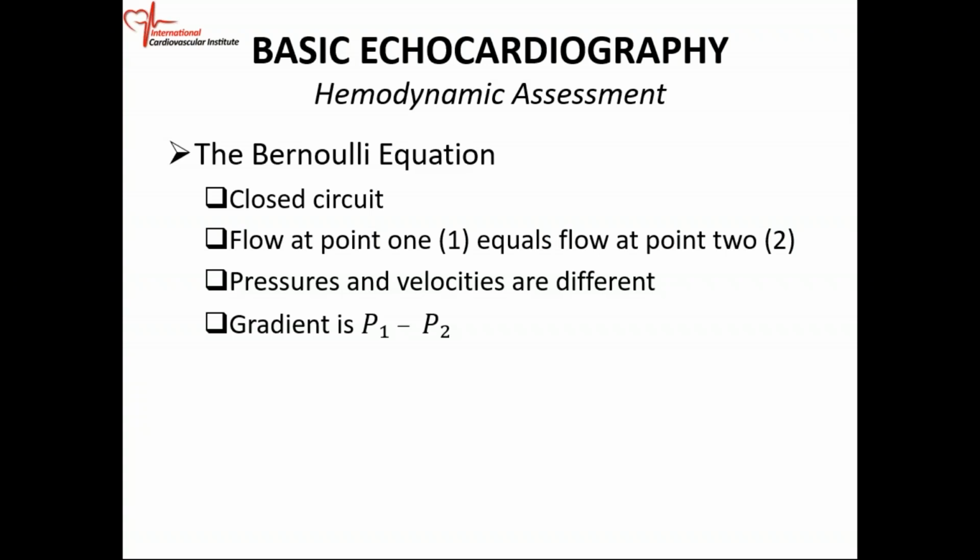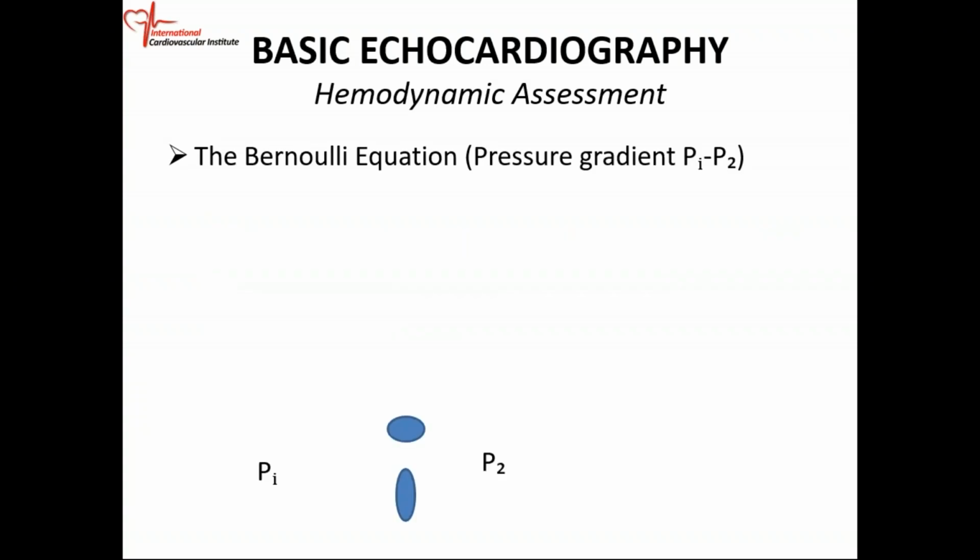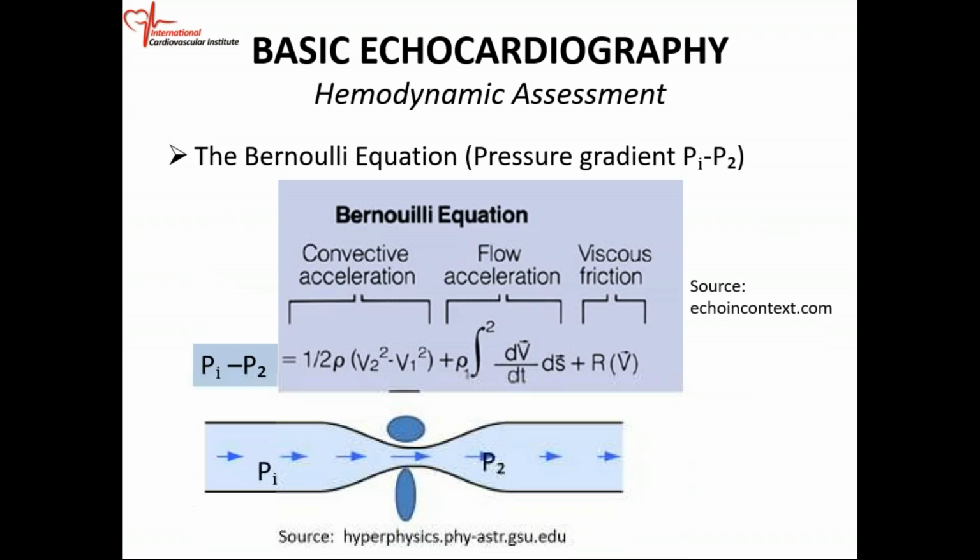In order for you to get flow from point 1 to point 2, even if it's inclined, you have to have a pressure difference. You have to have a gradient. That is the only way you're going to get flow from point A to point B. So this is a closed circuit.